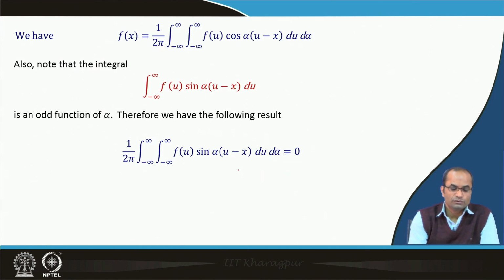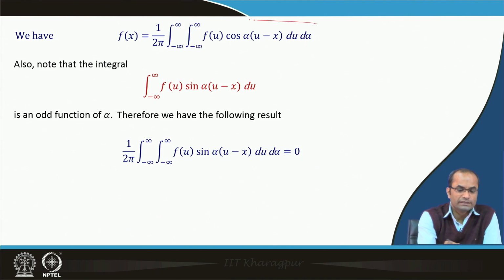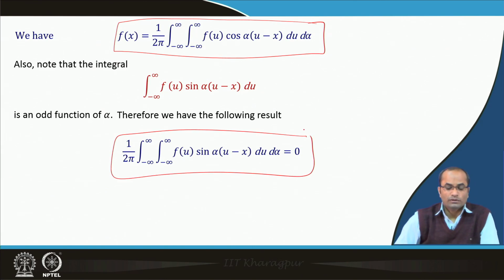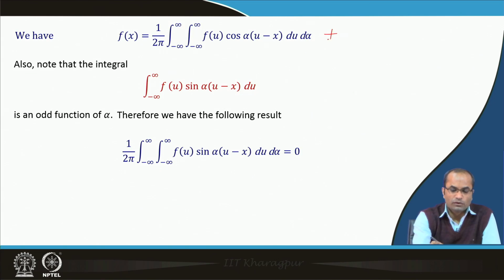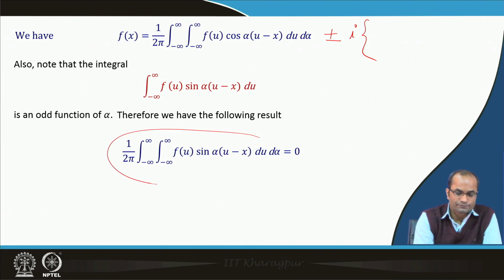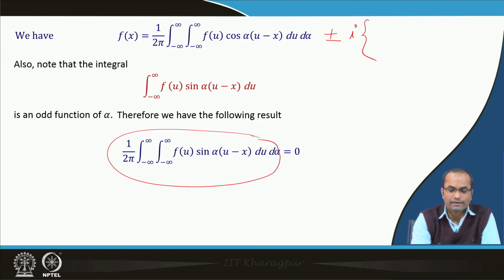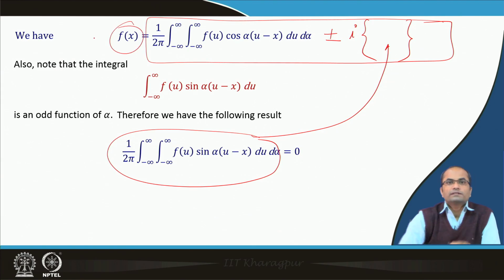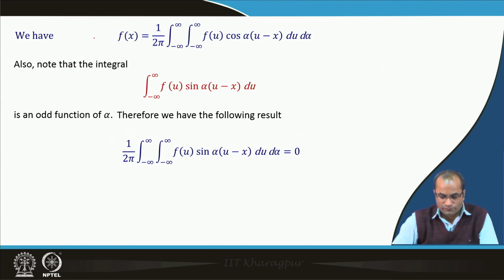So we now have two integrals: one is equal to f(x) and the other is equal to 0. If we add to the upper one, plus or minus i times this integral, which has the value 0, nothing will change; this sum is still equal to f(x). This is what we will do now.